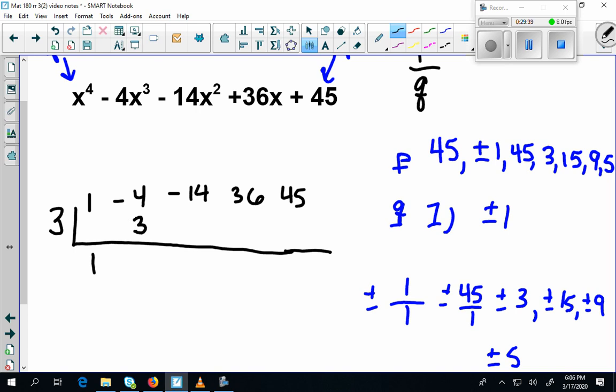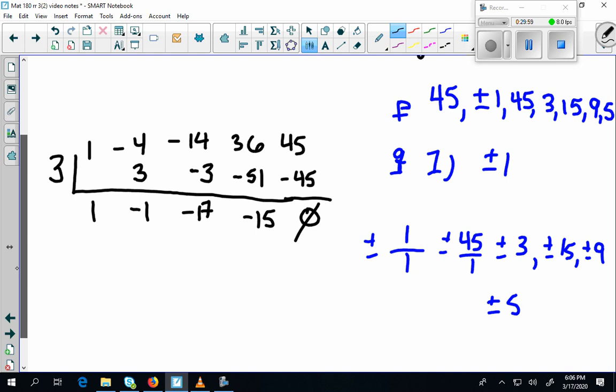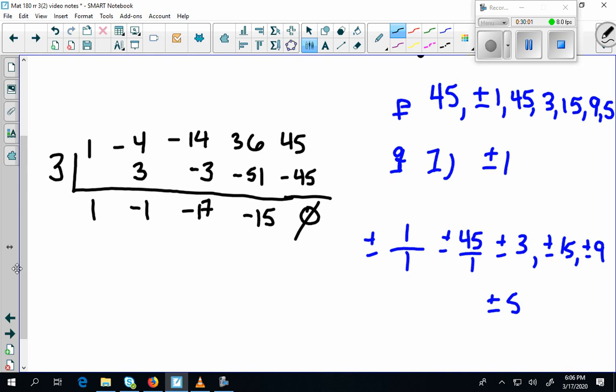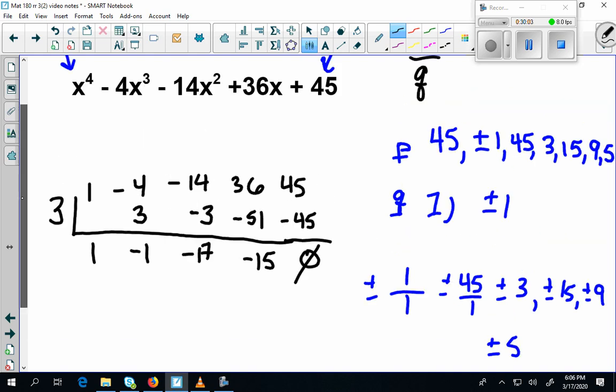I add. 3 times -17 is -51. When I add there, I get -15. Look at what happens. 3 times -15 is -45. 0. So 0 remainder means 3 is in fact a 0 of this function.